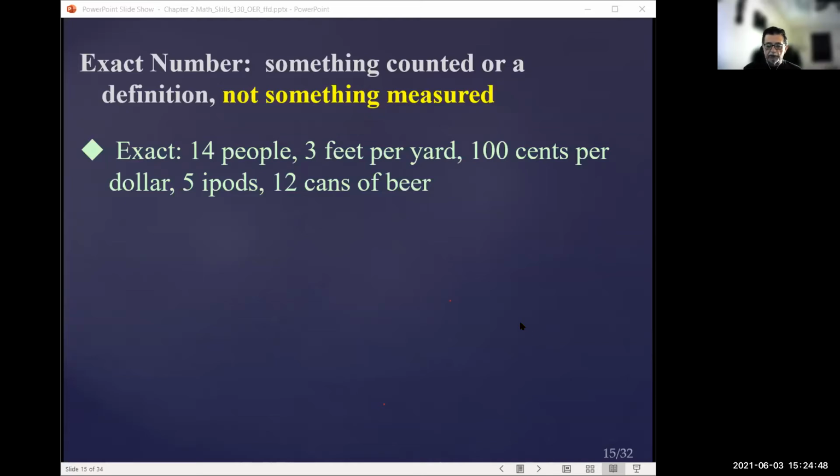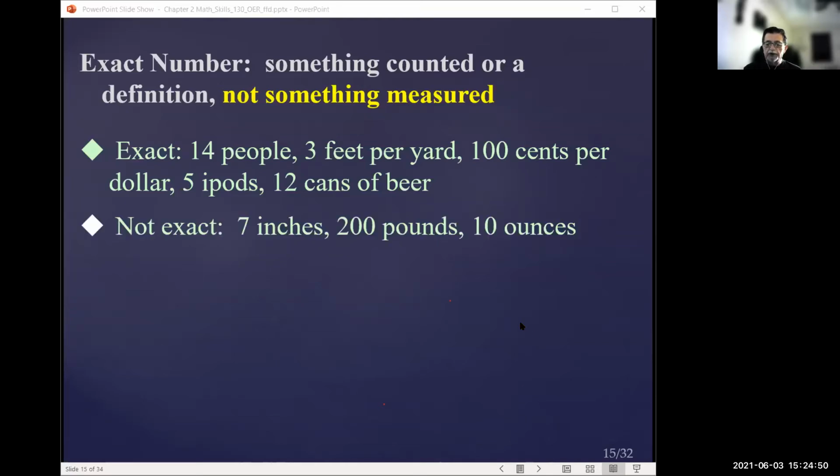Exact numbers like the following are not used in determining sig figs. But measurements are. You measure something 7 inches, you weigh it, 200 pounds or 10 ounces. Those are measurements in which you use tools to measure something, give it mass, volume, or length. Therefore, there's a degree of uncertainty.